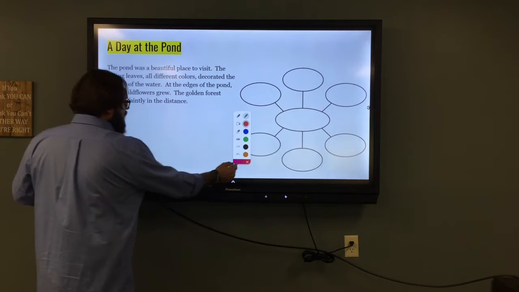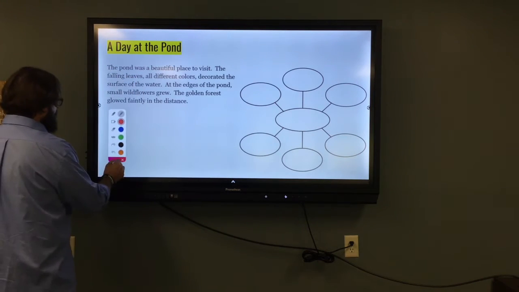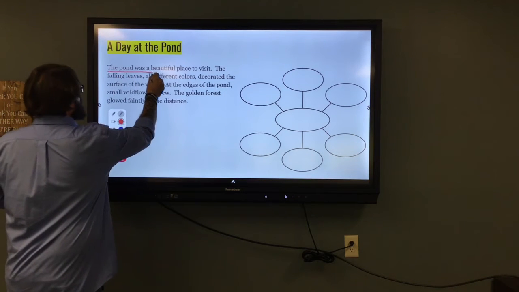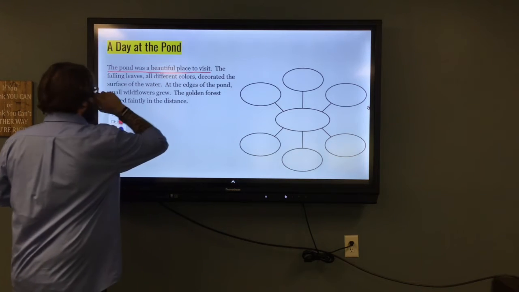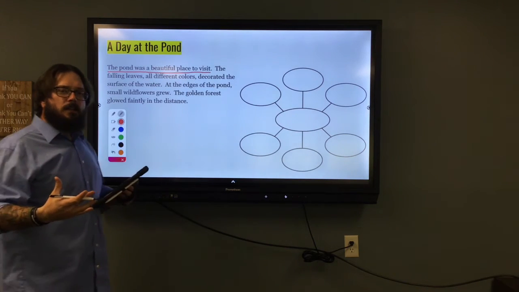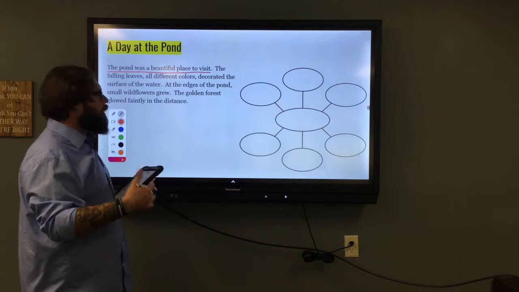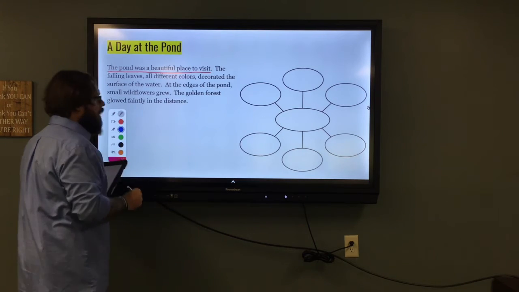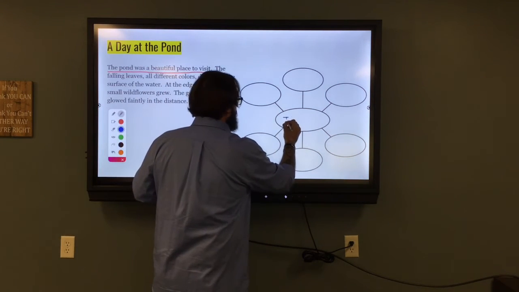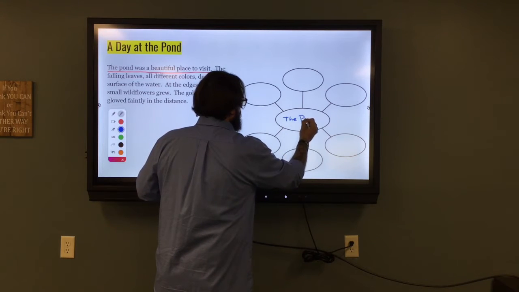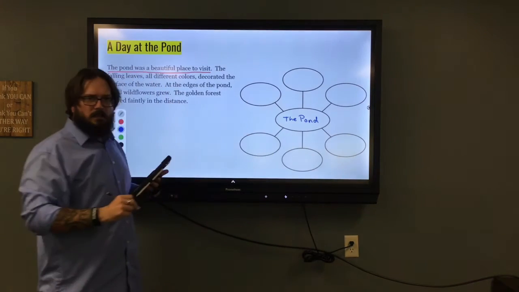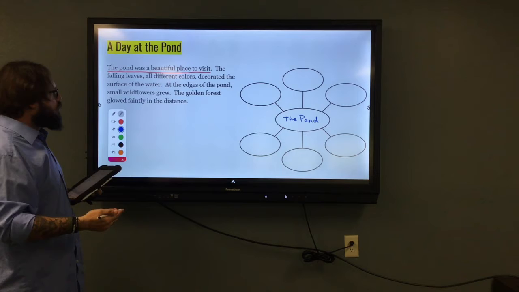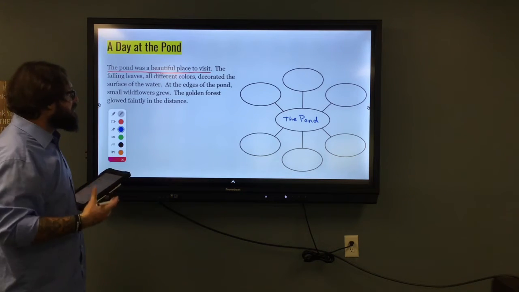So our topic sentence is, the pond was a beautiful place to visit. Okay, so this entire passage is the author describing why the pond is a beautiful place to visit. So our topic, right here in the center, is the pond.